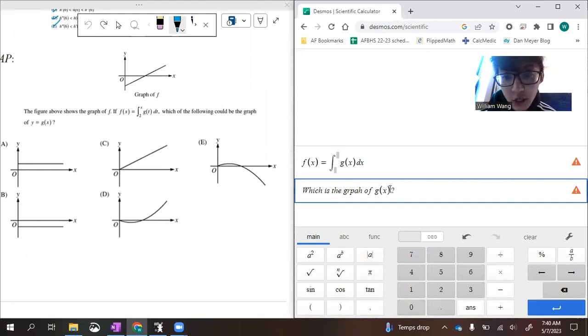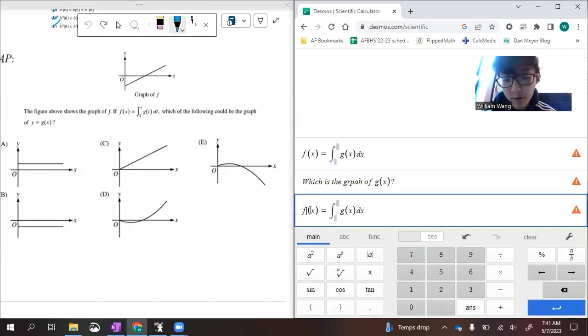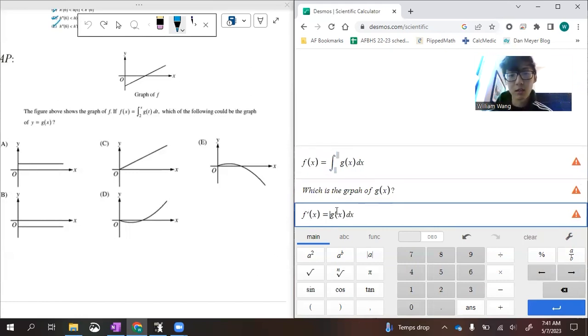Okay, so my first thought is this. Well, how do I get to just g of x? Because I'm given f of x, but I want to find just g of x. And g of x is kind of impacted by this integral here. Well, if I want to get rid of this integral, I'm going to take the derivative, right? So I can take this equation and take the derivative of both sides. So f prime of x. This allows me to get rid of this integral.